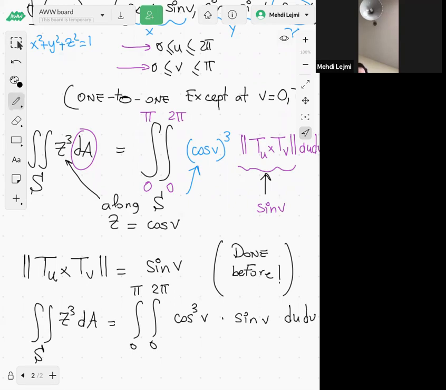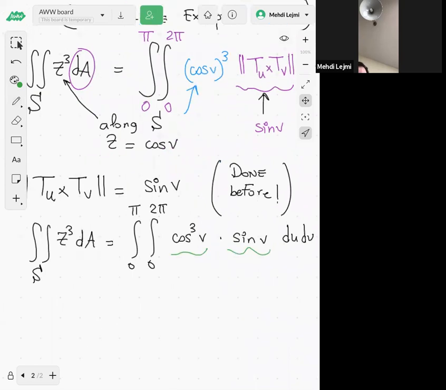This is just in terms of v, there's no u. If you integrate with respect to u, that will be 2 pi, and then the integral from 0 to pi of cosine cubed of v sine of v dv.